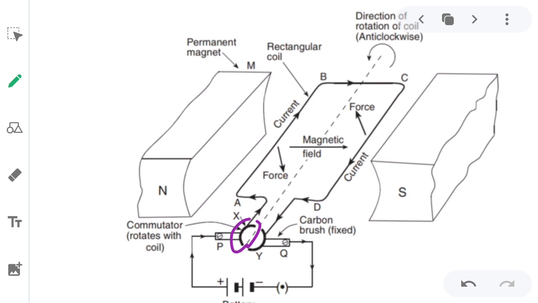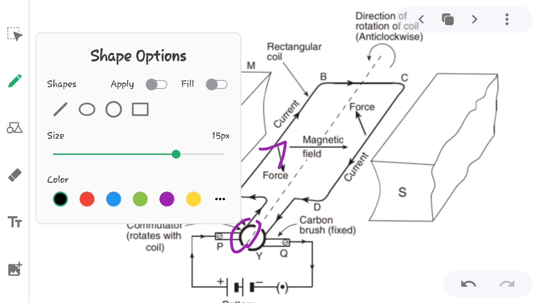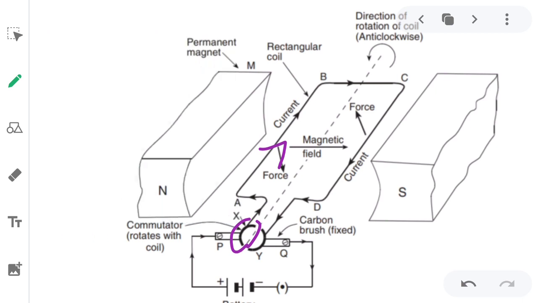So when it changes the direction of electric current, as the current is passing now in this direction, after half rotation the direction of current will become opposite, and now the conductor will move in this way. Earlier it was moving this way, now it is moving in this way.